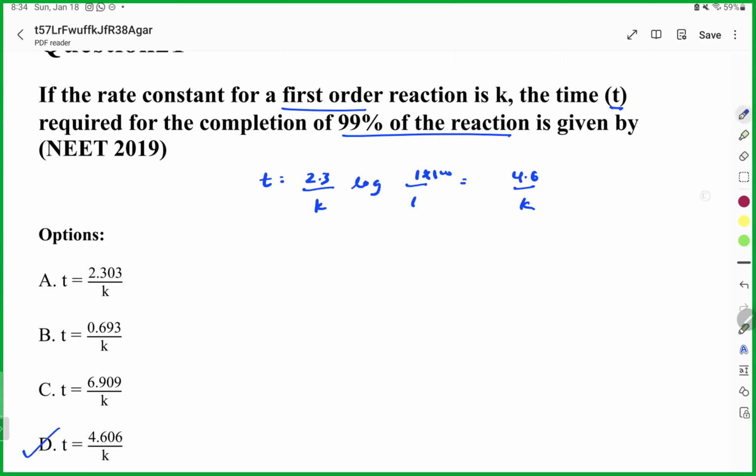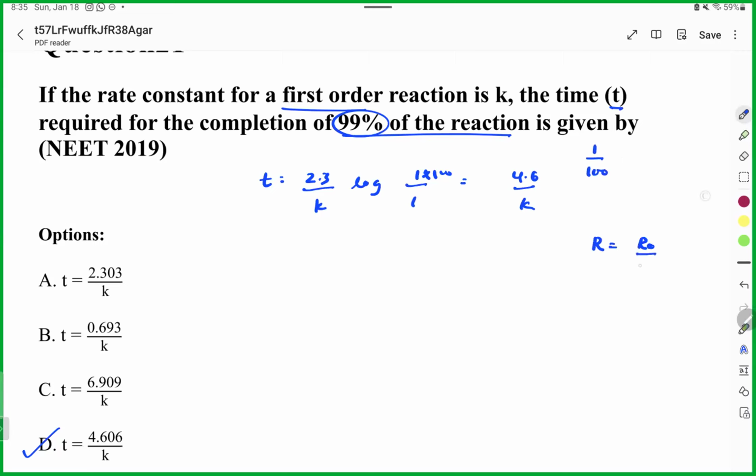Any doubt, guys? Yes or no? Because 99% of the reaction is done, it means only 1% is left out of 100. So what is the final value?